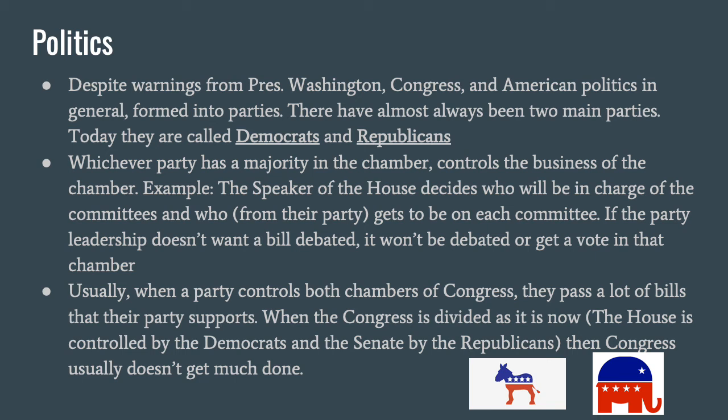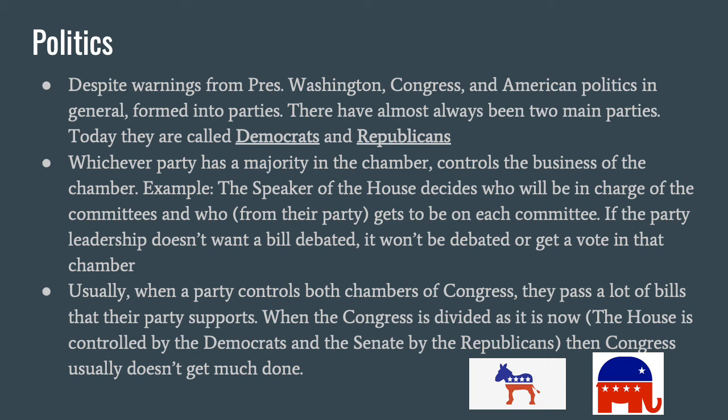And increasingly in the modern era, the opposing party is pretty much completely sidelined. There used to be more bargaining, and there used to be more bipartisanship, where both parties agree on something, but that very rarely happens anymore.